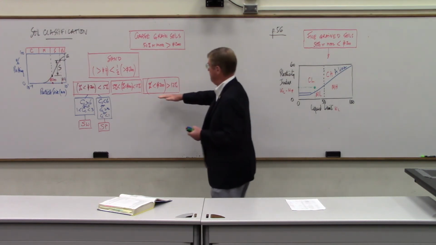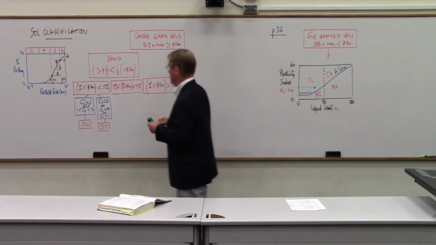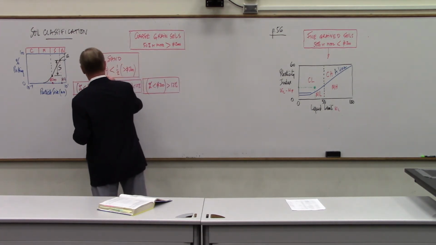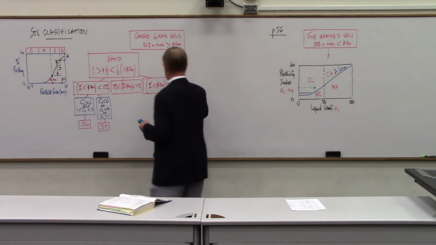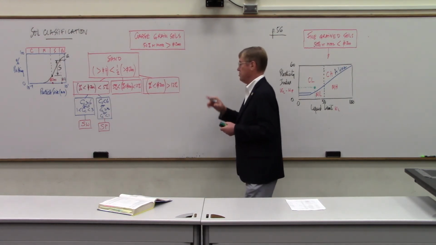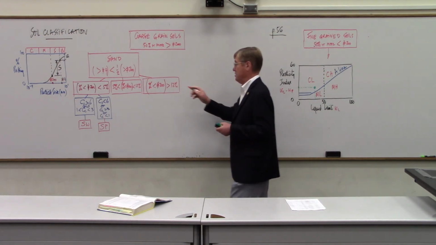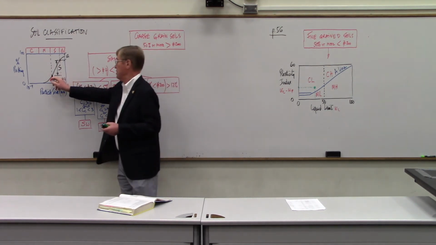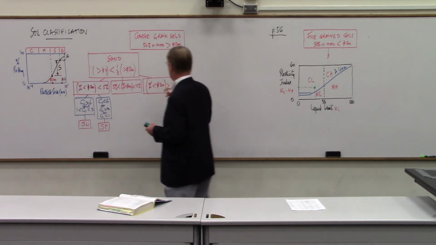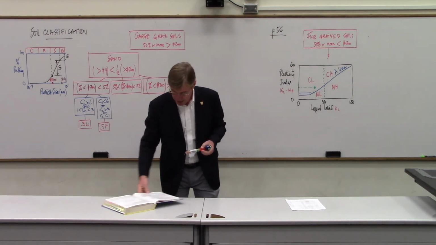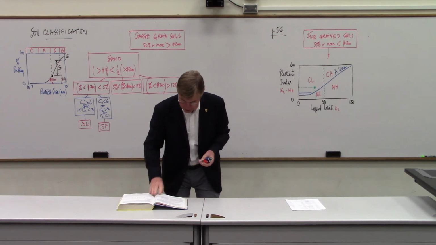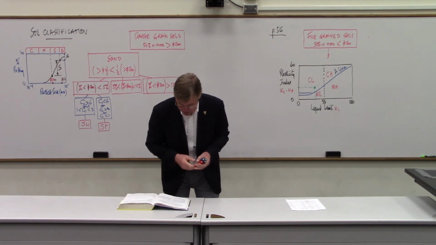If in the process you ended up in this box, in other words, you have a fair amount of fines, the percent passing 200, that number here is larger than 12%, then in that case, you use the Atterberg limits, and then you decide on that basis.